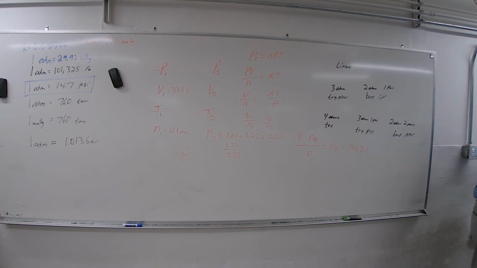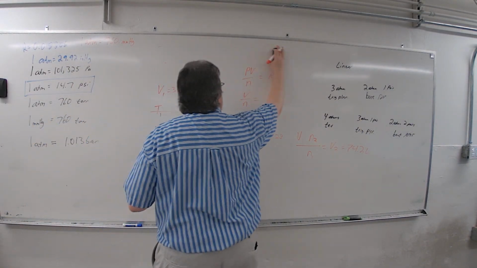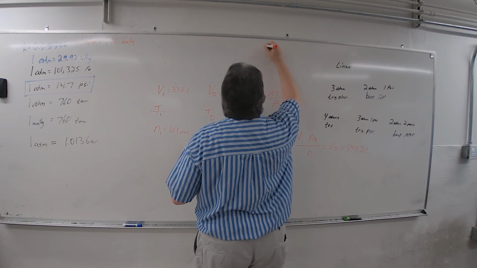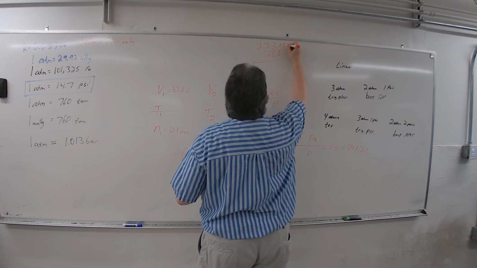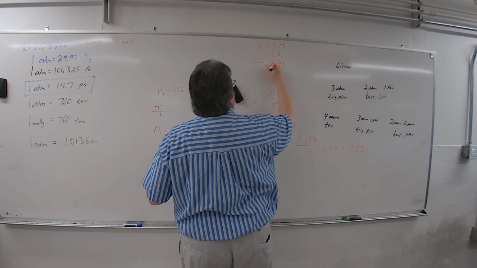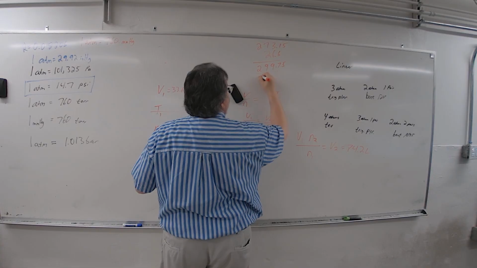Suppose I do this. 26.6 plus 273.15, and we're going to keep out here the 5 rounds of 7.